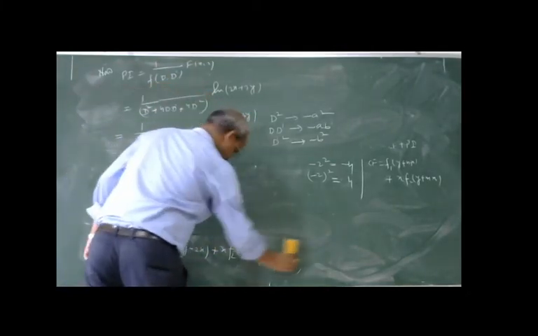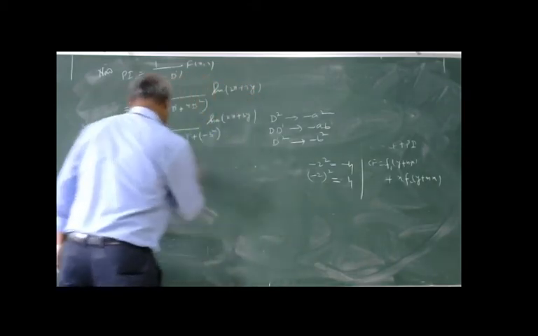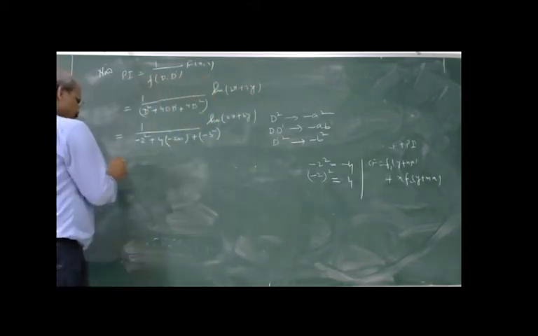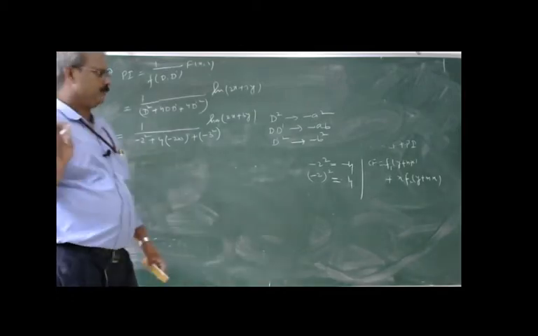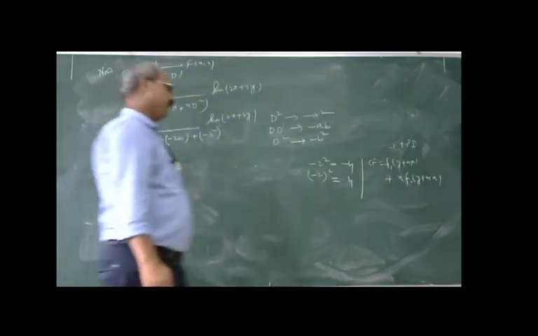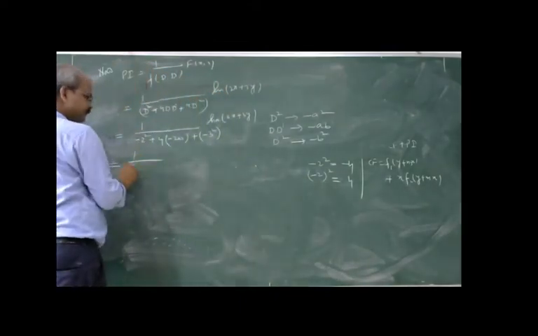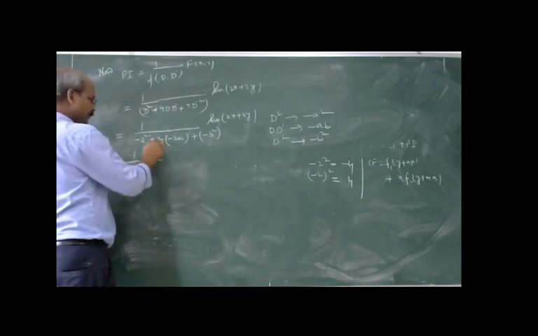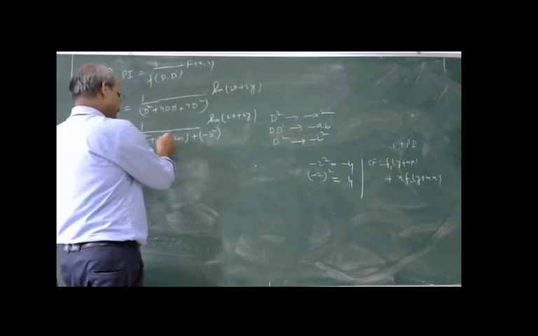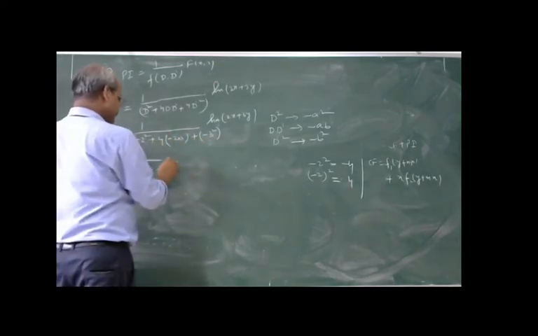So −2 squared becomes −4, and plus into minus becomes minus: 4 into 6 is −24, and this becomes −9 also.